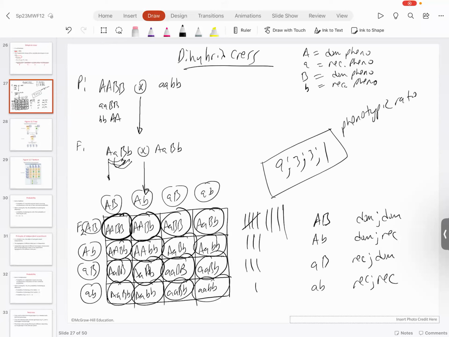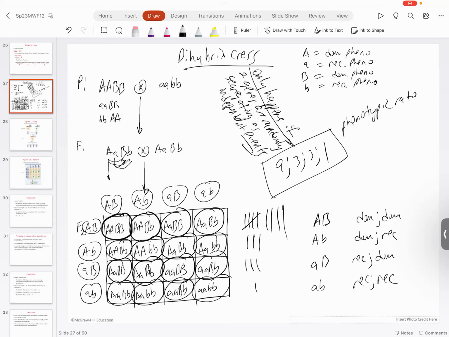That's my phenotypic ratio for a dihybrid cross. Why is this important? Because this will only happen if your two genes are randomly segregated, as independent events.